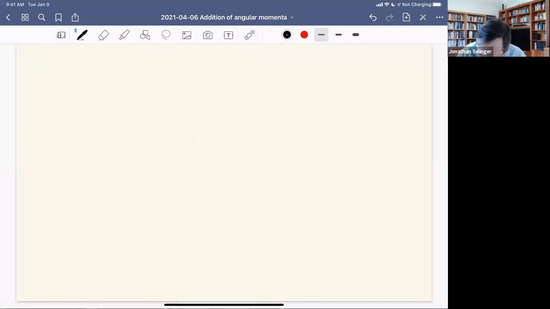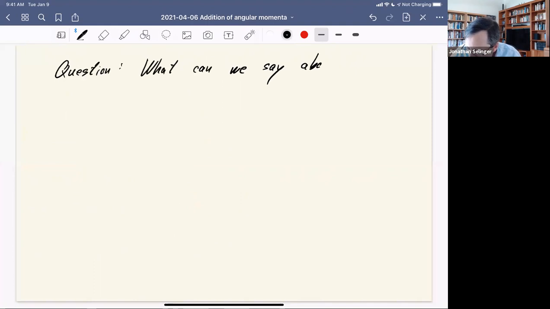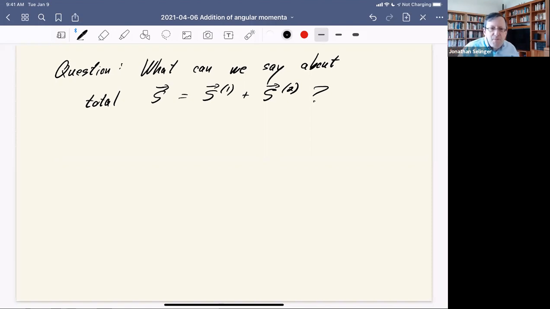Now comes the question: what can we say about the total S? The total S, which is S for particle 1 plus S for particle 2. This is an operator. We've had other sums of operators before in this semester, several times.